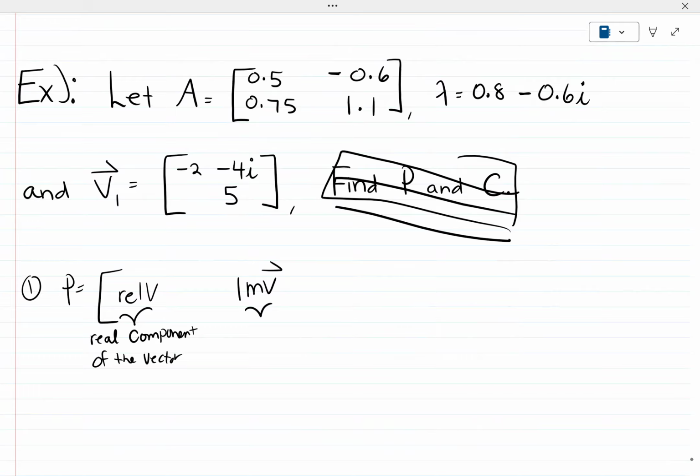So IMV just means imaginary component of the vector.